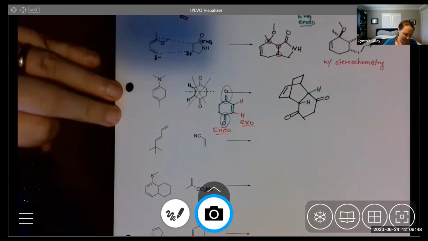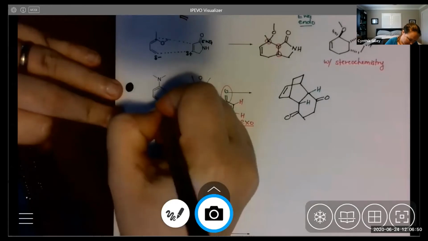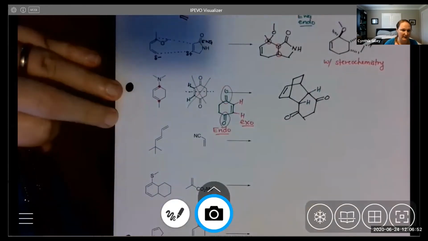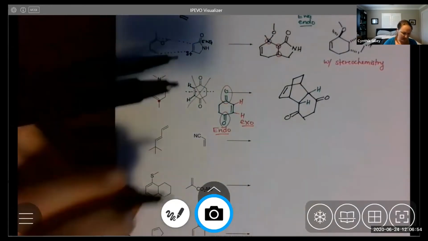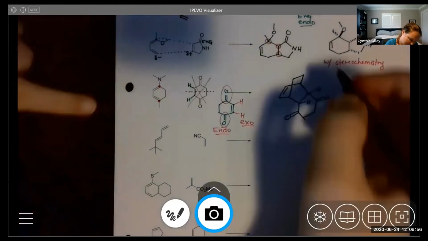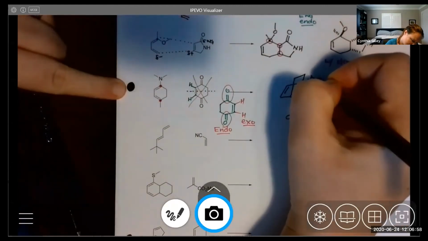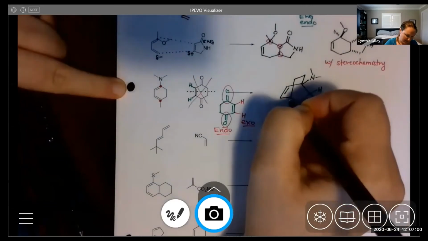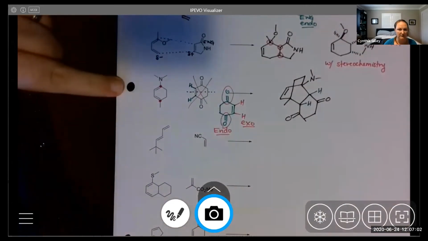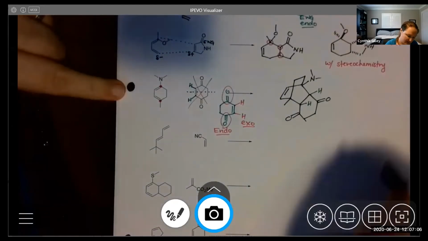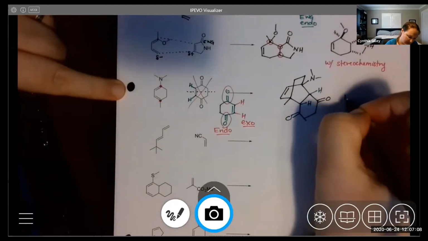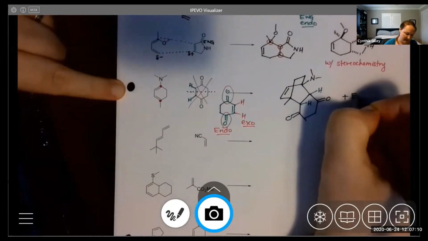Okay, the only thing I forgot to add so far are the substituents of those two carbons. There, you can just show those in this direction, dimethyl. This one is a bit of a challenge. There are chiral centers here.